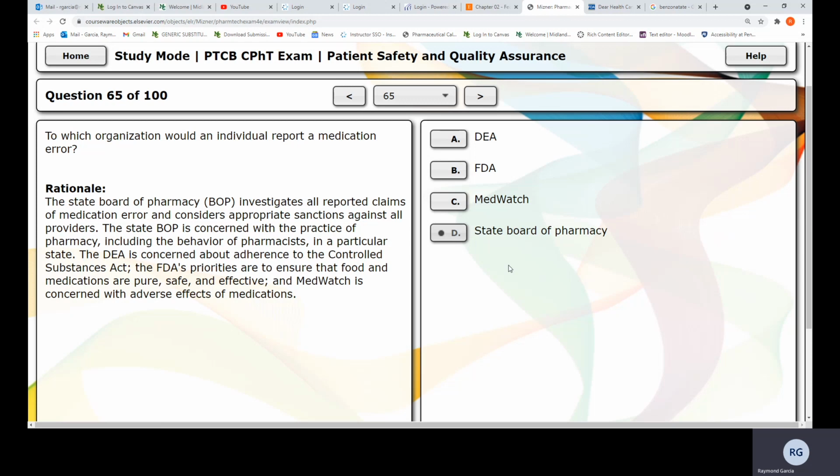It also gives you the list of abbreviations that are often mistaken and often cause error. So it's good.